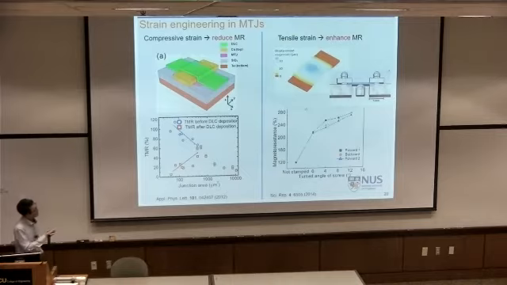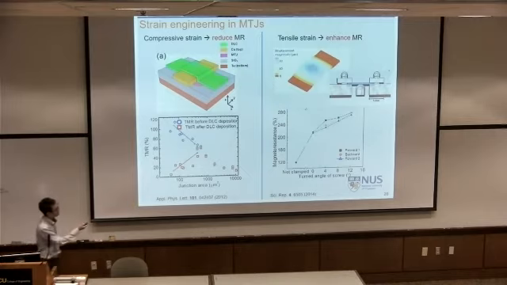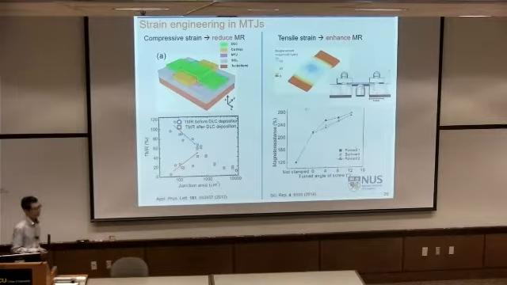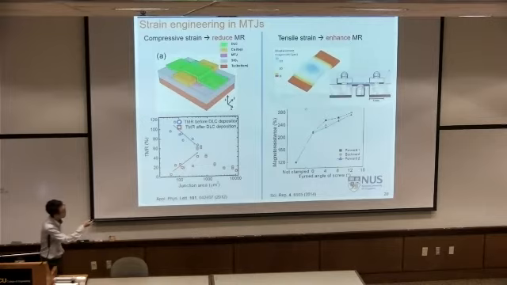So then we made a university-type, crude mechanical stage. You have a sort of rotation stage, and this bullet will move up and down depending on rotation. Then we put our wafer there, and then you can basically give mechanical stress there. Once you have your magnetic tunnel junction on top of this wafer, basically you can stretch it out.